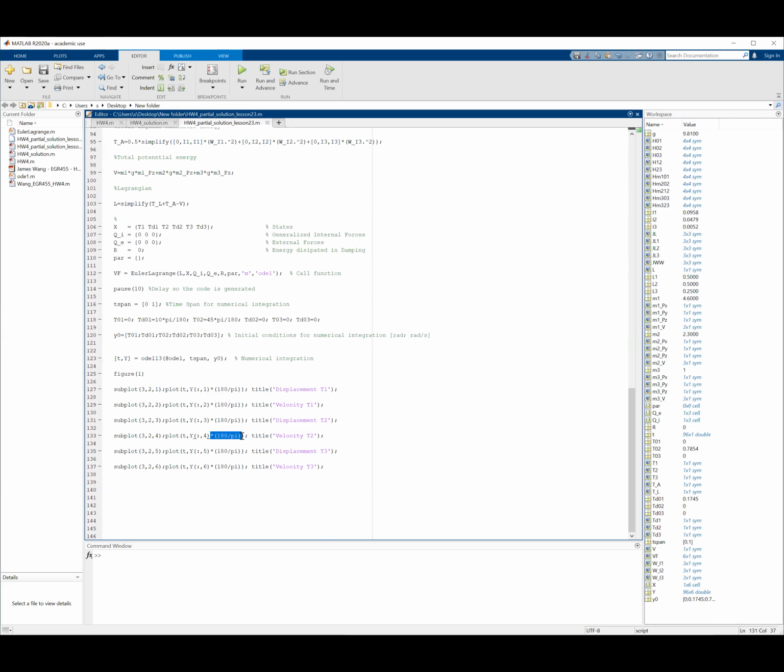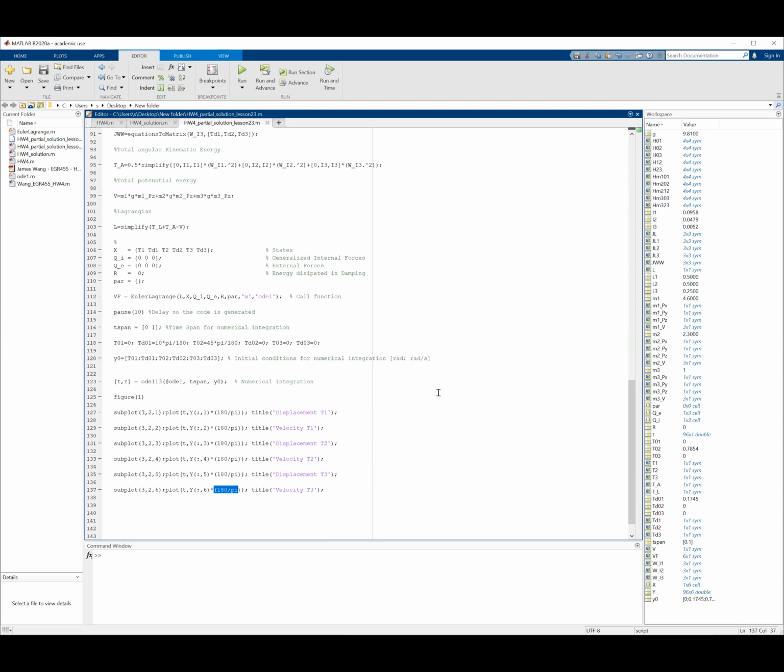My graphs are in degrees and degrees per second. So your graph and my graph should be same. It doesn't matter if you have your graphs in degrees or radians, the trend will look the same. Only thing, the scaling factor is going to be different depending upon whether you have in radians or whether you have in degrees.